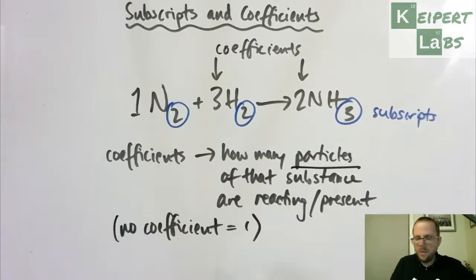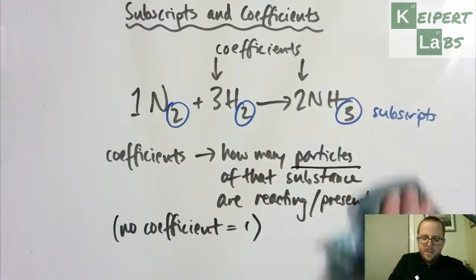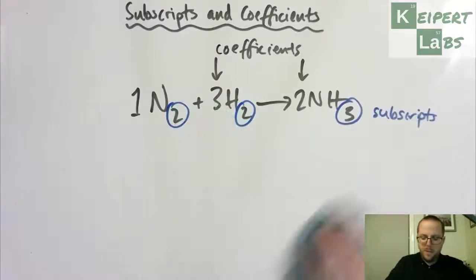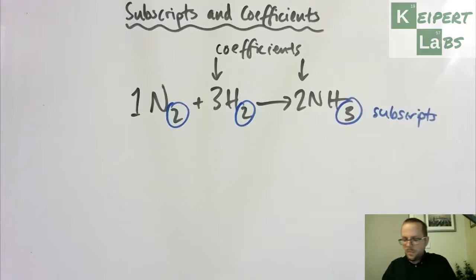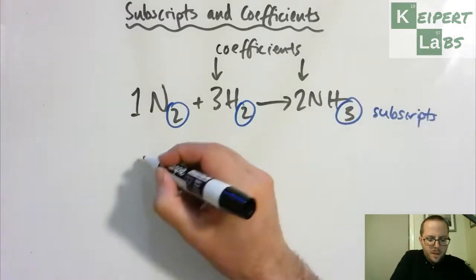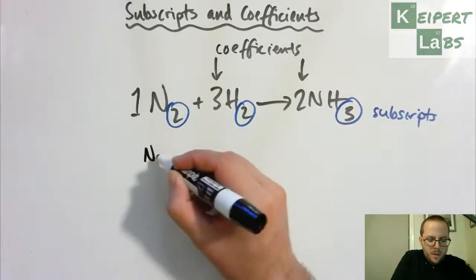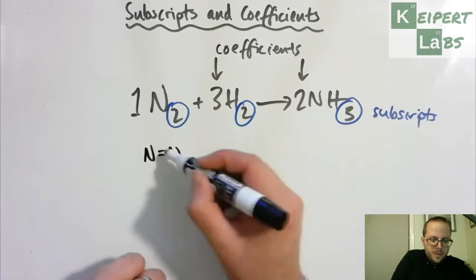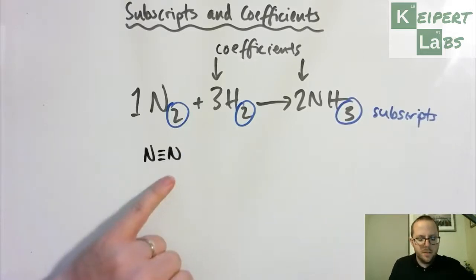Now I'll just clear off the writing underneath here, and then I'll illustrate that. I would use my coloured buttons, but I don't have them at the moment, but I'll just draw this out for you underneath to help visualize this a bit better. So I've got one nitrogen molecule, and I'm going to draw it like this just so you can get used to that.